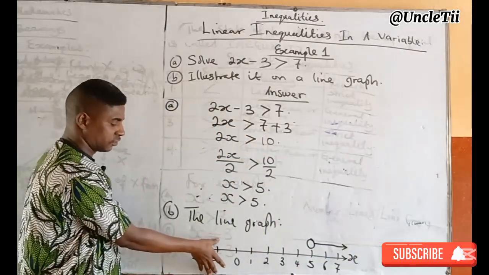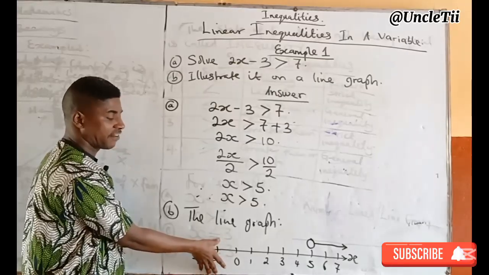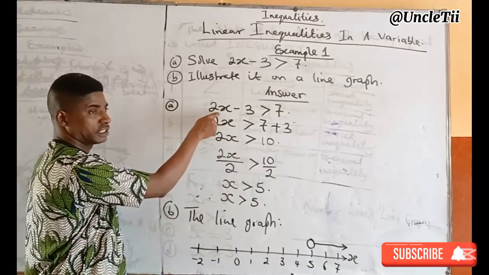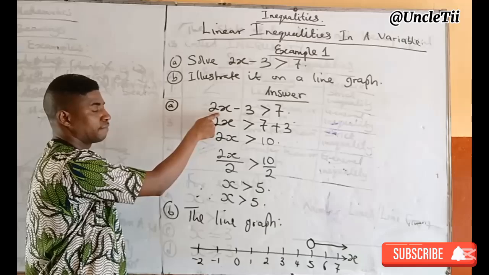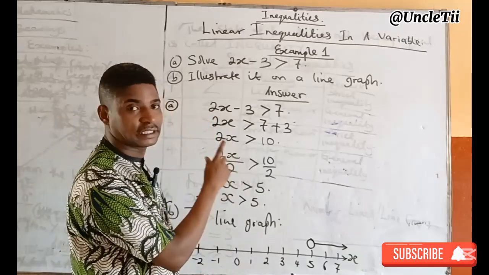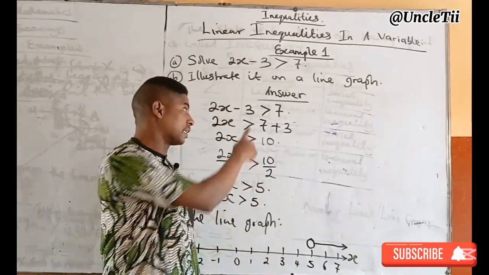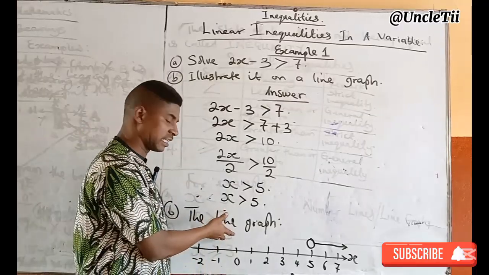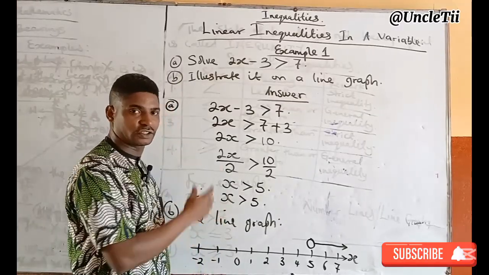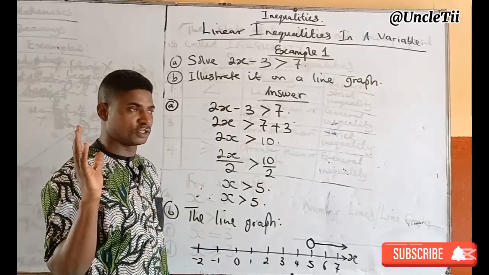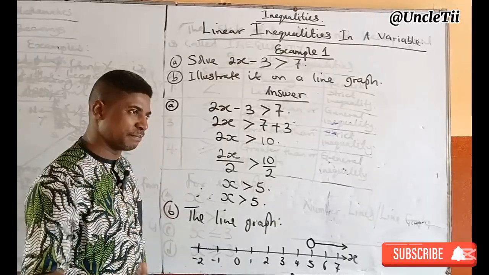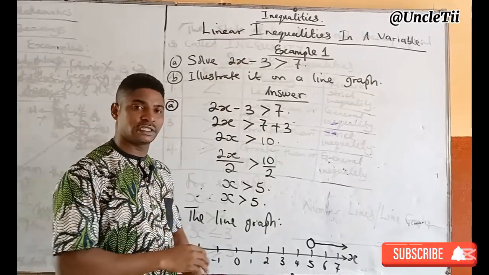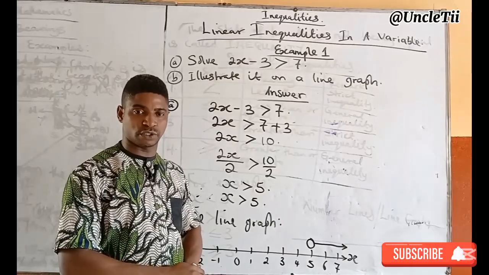This is a number line or line graph representation of this inequality, 2x minus 3 greater than 7. You would agree with me that it is an extremely easy stuff, and so it's nothing to worry about. Just the same process as solving linear equations.